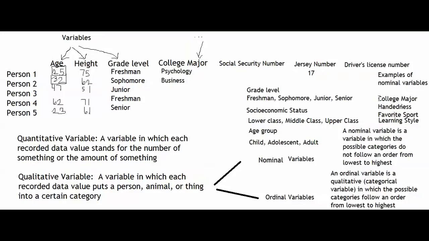Maybe different types of cars, like black cars, red cars, yellow cars. I don't think those categories follow an order from lowest to highest, so it would be nominal. Different types of cereal, such as Cheerios, shredded wheat, would be a nominal variable because all the different types of cereal don't follow an order from lowest to highest.